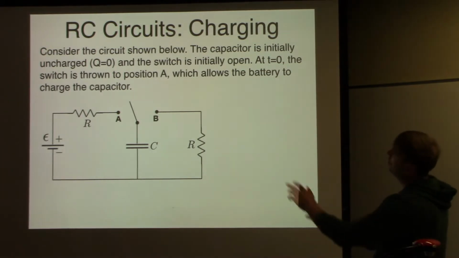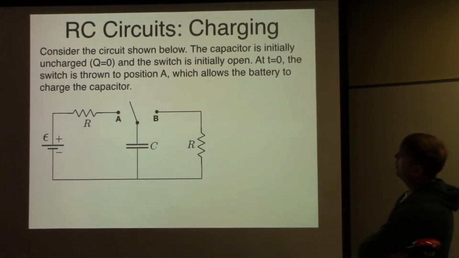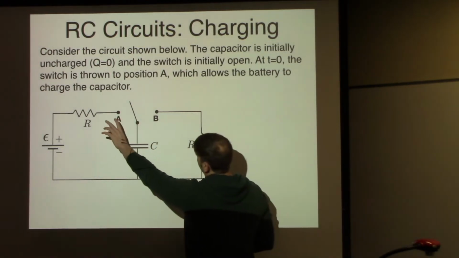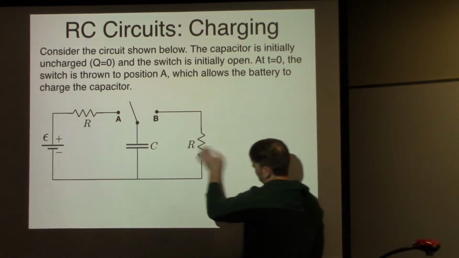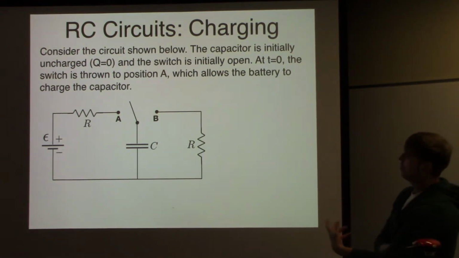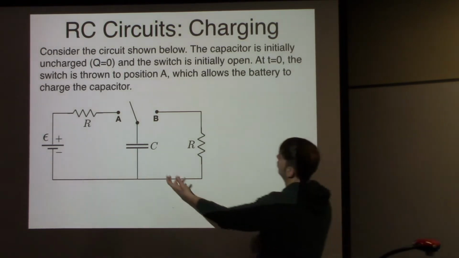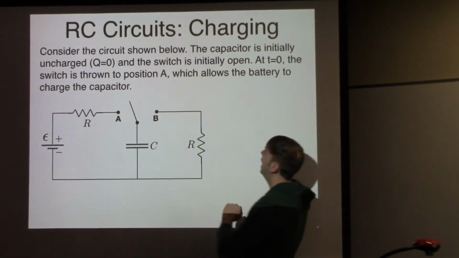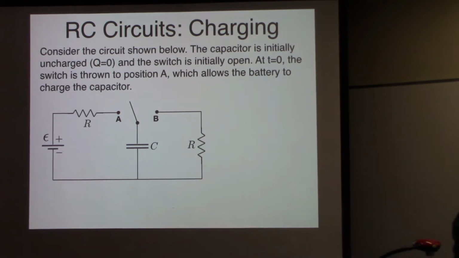Let's use that same basic schematic from before, where we have a battery and a resistor and a capacitor here, a second resistor over here. Since we're thinking about the situation of charging the capacitor, we're going to, at t equals 0, set the switch to position A, which allows the capacitor to charge.